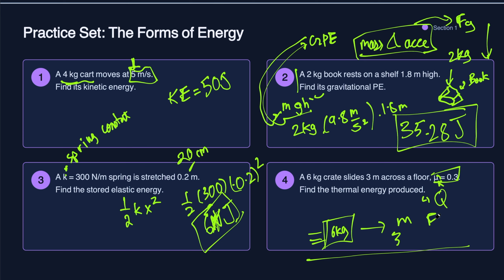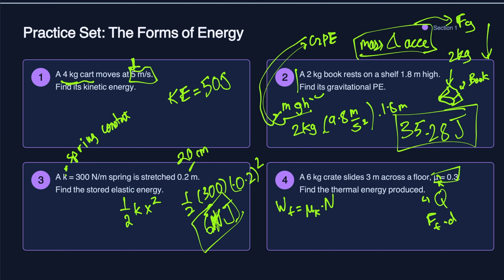We can just write it as force of friction times distance, or work done by friction. It's just going to be the force of friction times distance, right? And the force of friction here would be mu k times the normal force. Mu k is 0.3. The normal force is directly going to match up to gravity, right? Because it's just a flat floor. mg here is 6 times 9.8. And all of that times 3 meters.